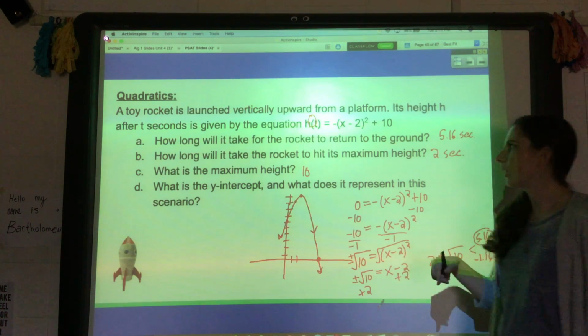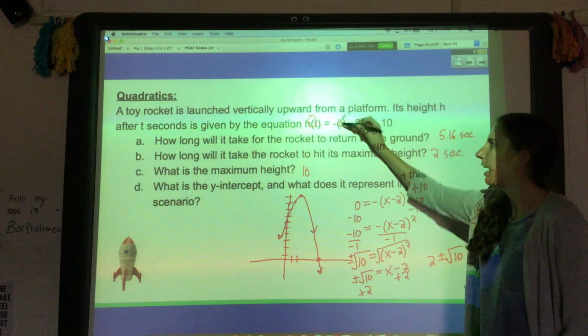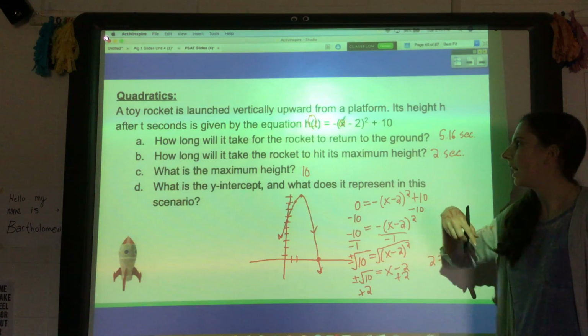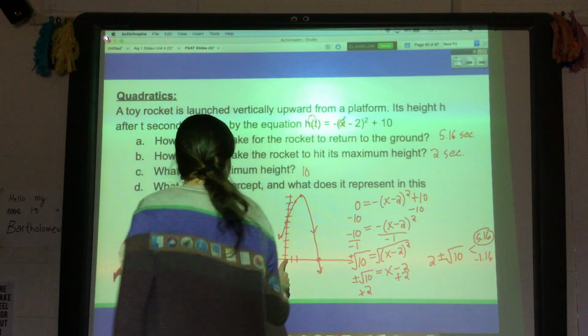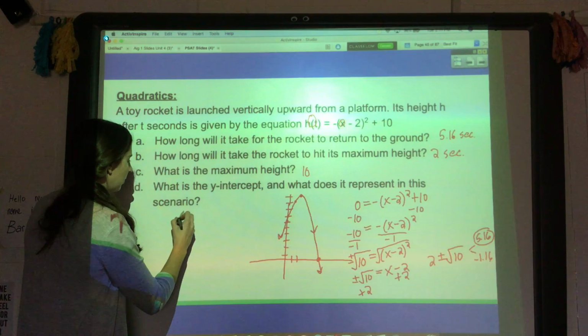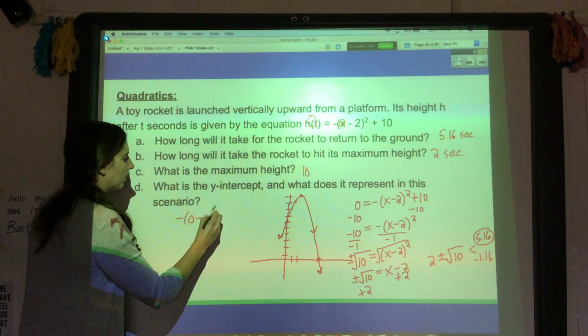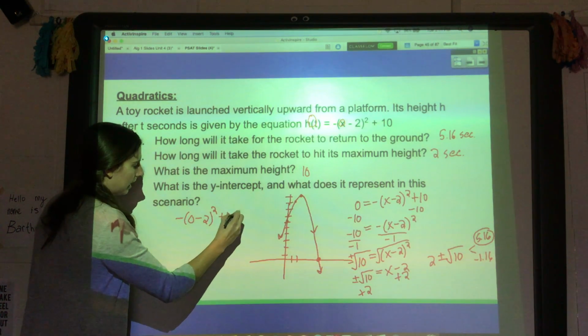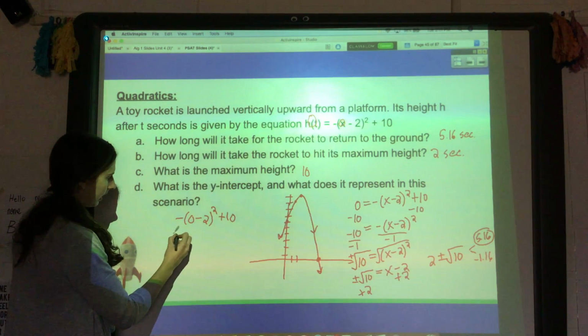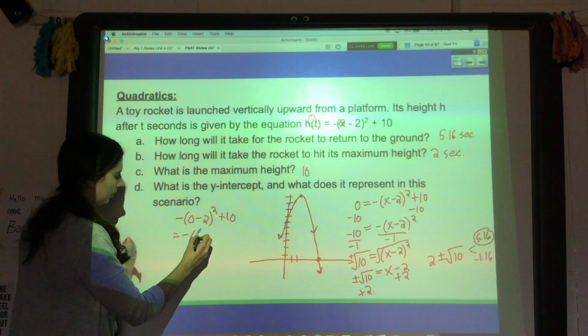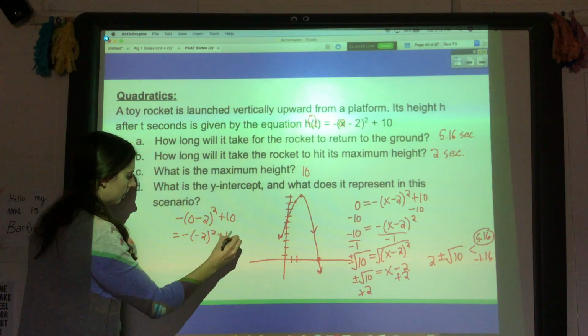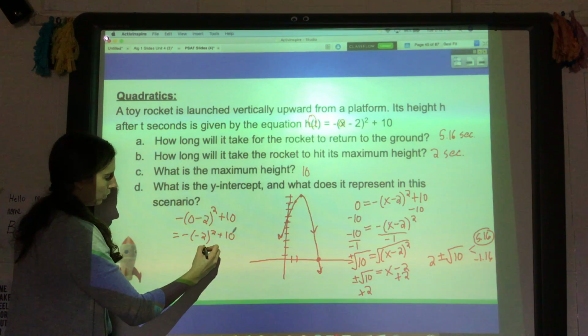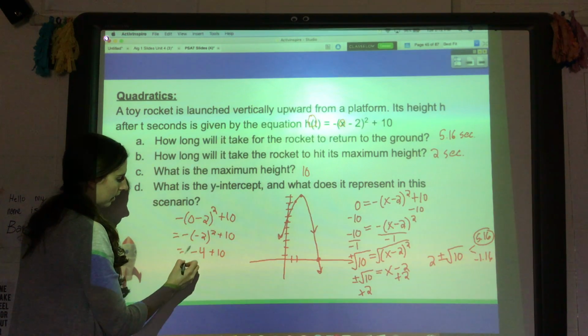But if you're not sure, you can always plug in a 0 for x and see what you get out for y, because this is where x is 0. So if I do negative (0 minus 2) squared plus 10, I get negative 2 squared. Negative 2 squared is 4, and then make it negative. Yeah, so it is 6 like I thought.